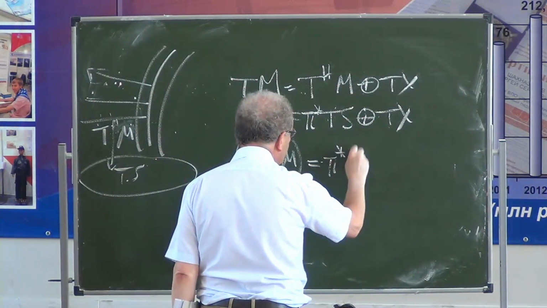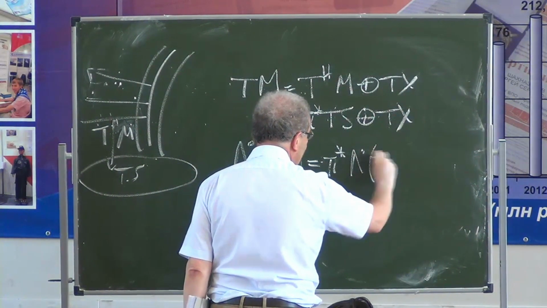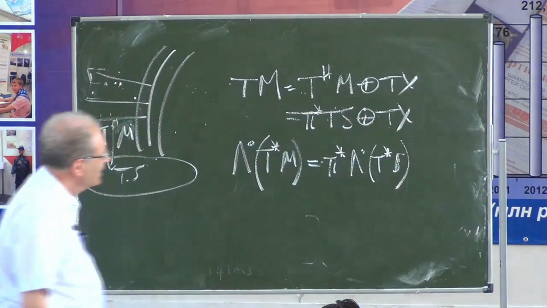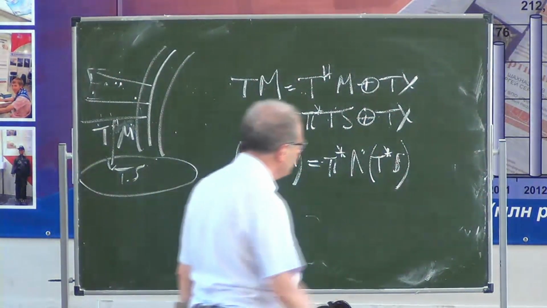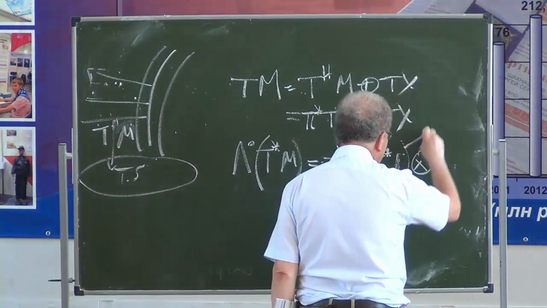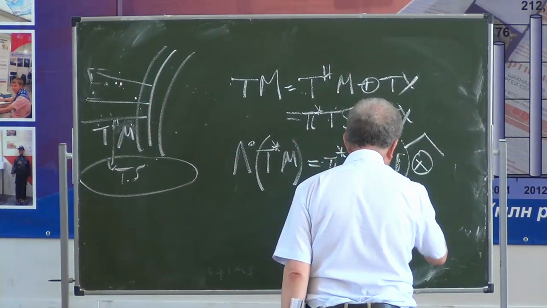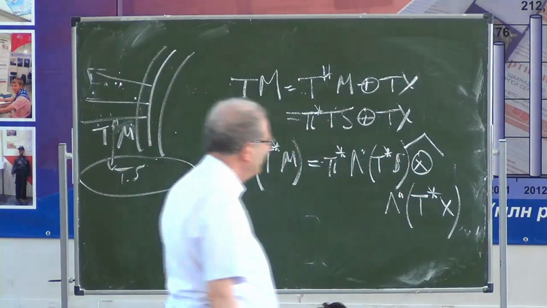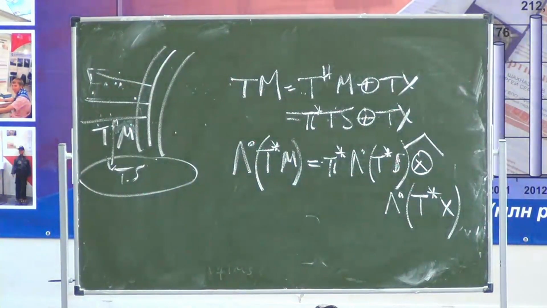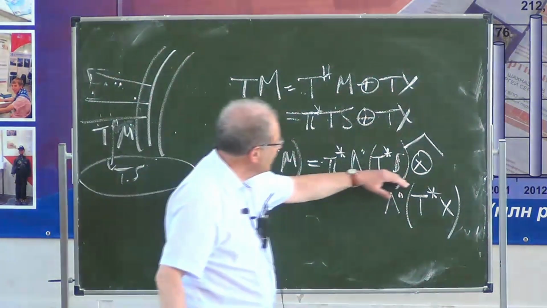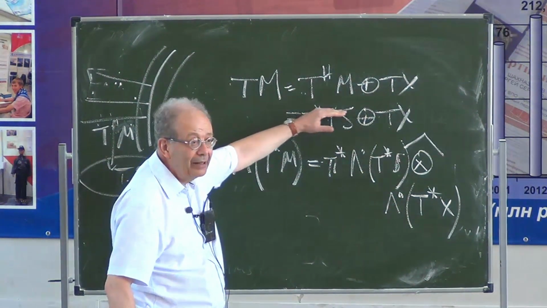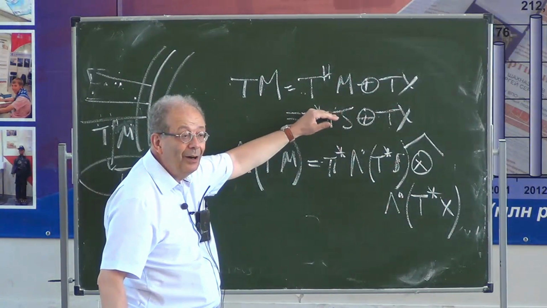This is just equal to the pullback, the exterior algebra of the total space is the tensor product of the exterior algebra of the base, graded tensor with the exterior algebra of the fiber. Right, of course, this is a non-canonical identification in the sense that it depends on the choice of THM.